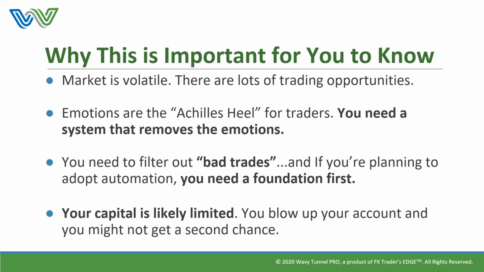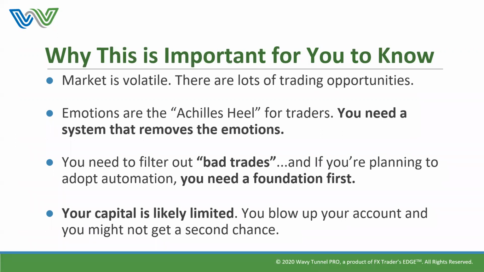This is important for you to know because the market is volatile, and that's a good thing because there are lots of trading opportunities. And emotions are the Achilles heel for traders. You need a system that removes the emotions. When you have a system, you can more easily remove those emotions and not get out of your trades too soon.